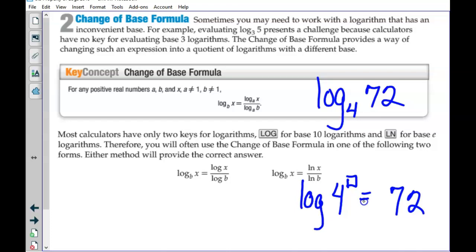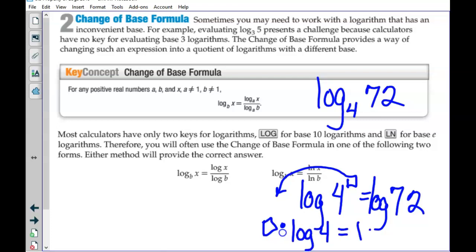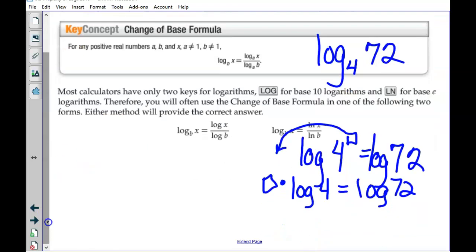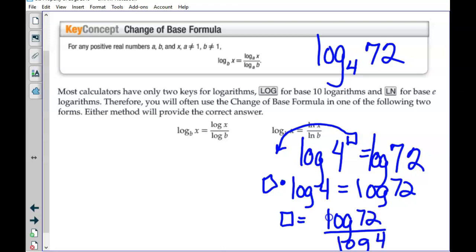So if I take the log of both sides, now where can I move that little question mark box? So I have something times the log of 4 equals the log of 72. Now what could I do to find that something? Divide by the whole log. So I get the log of 72 over the log of 4. Now, I want you to type that.